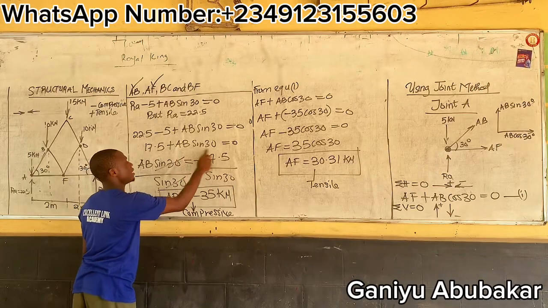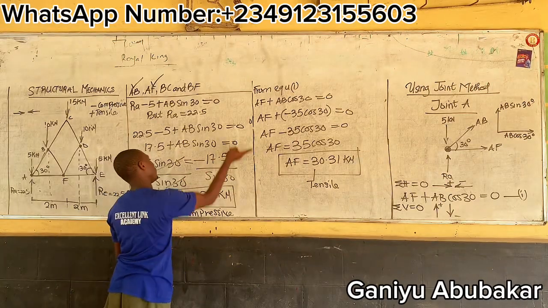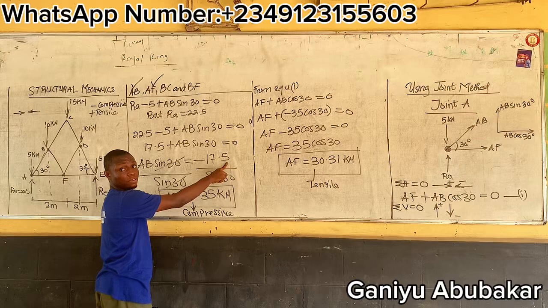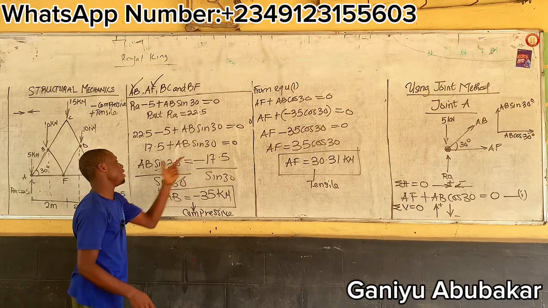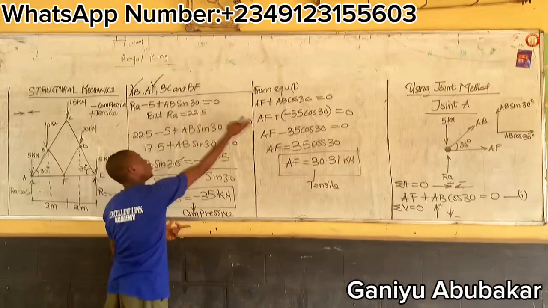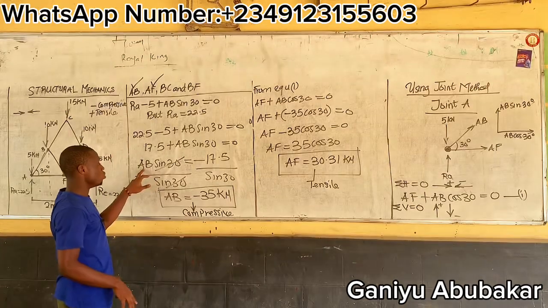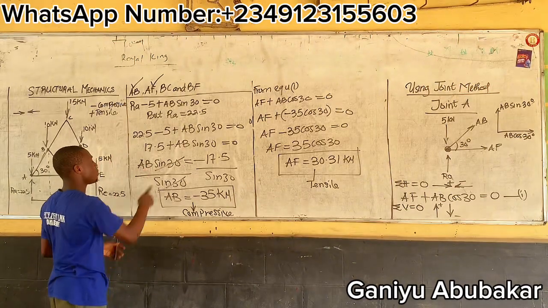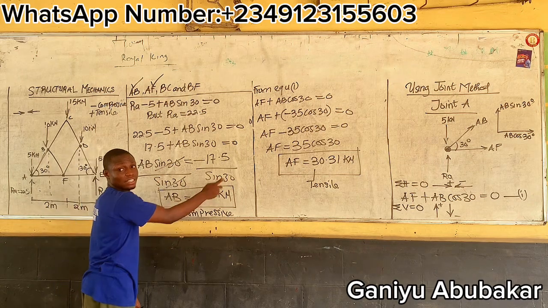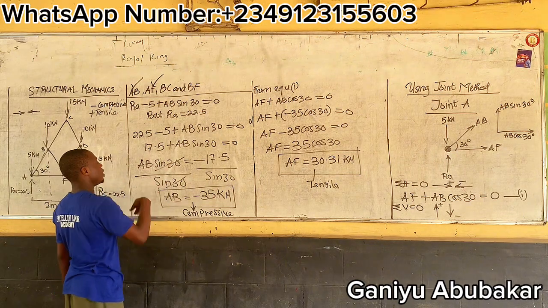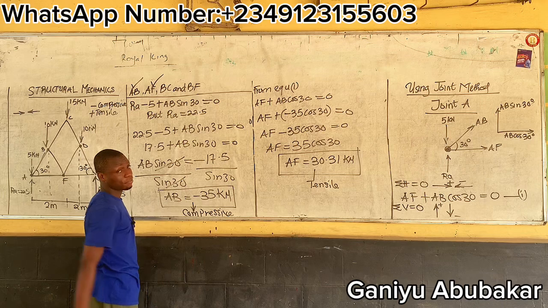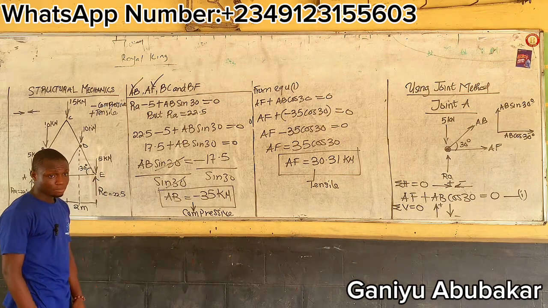I look for AB sin 30. Take this to the other side because it's negative, so I'll have AB sin 30 left here. This moves here as negative 7.5. I want to get AB alone. How do I do that? I'll divide both sides by sin 30, Abby. So all I have here, AB, is minus 35. Routine.